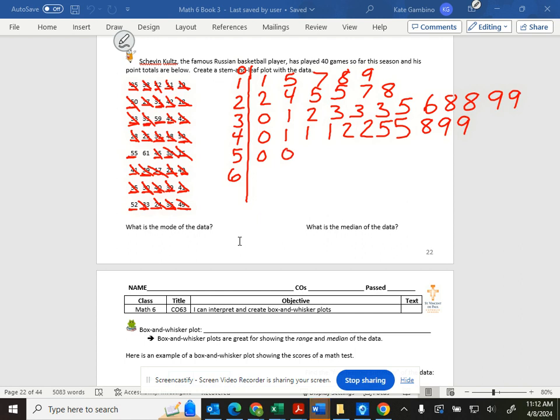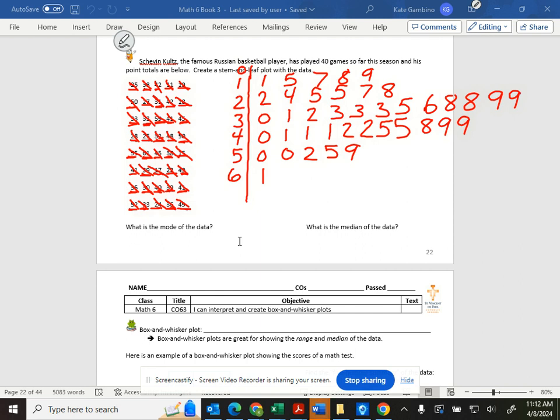What's next? 52, so a 2. Then what? A 5 for the 55. And a 9 for the 59. And that's it for my 50s. How many 60s do I have? Just that one, 61.